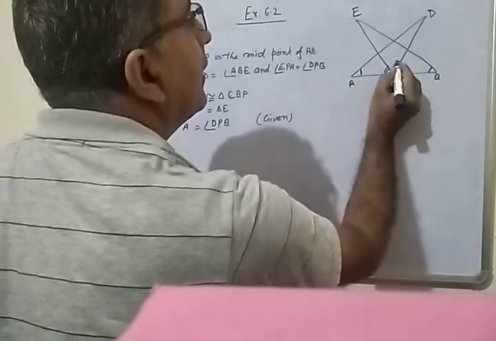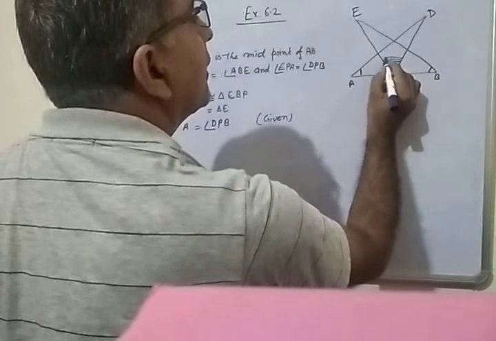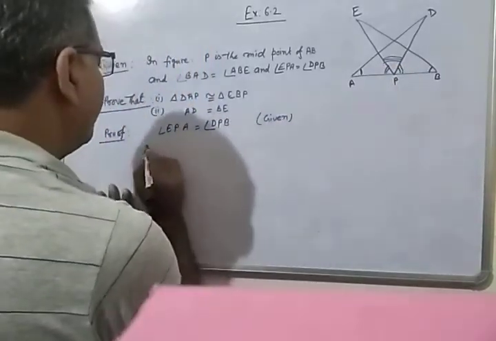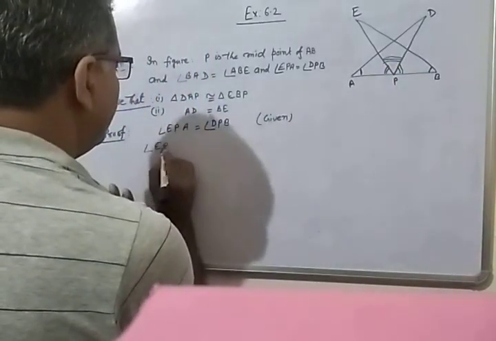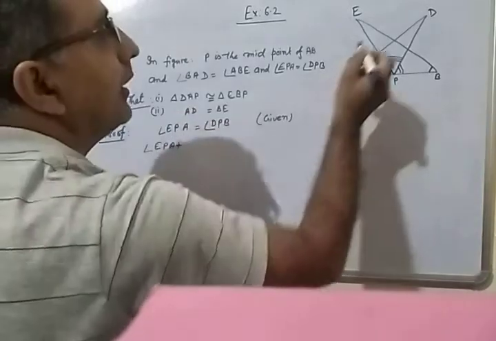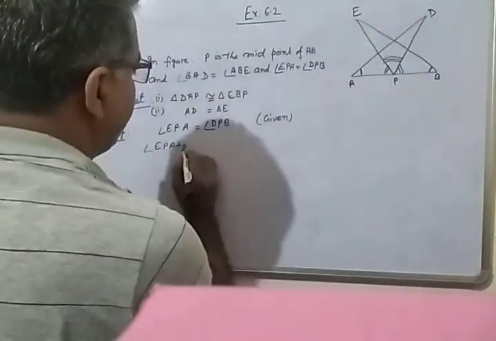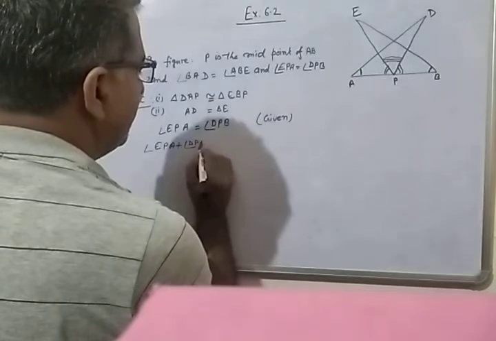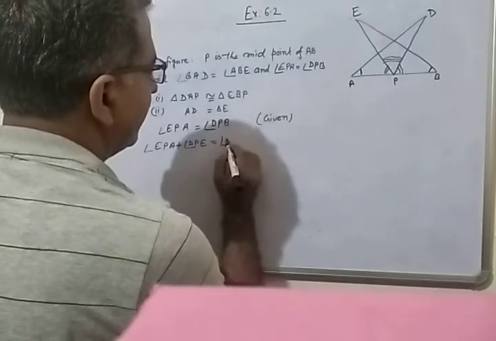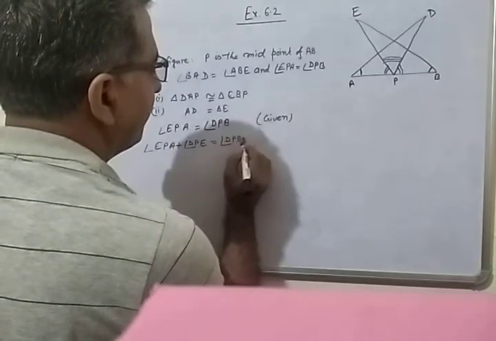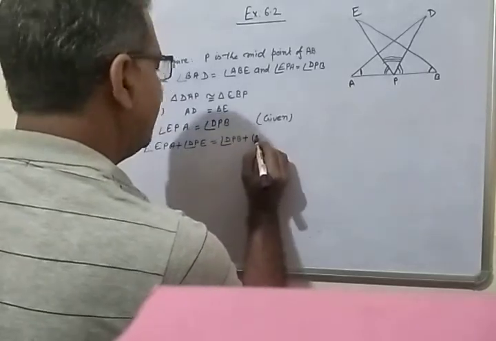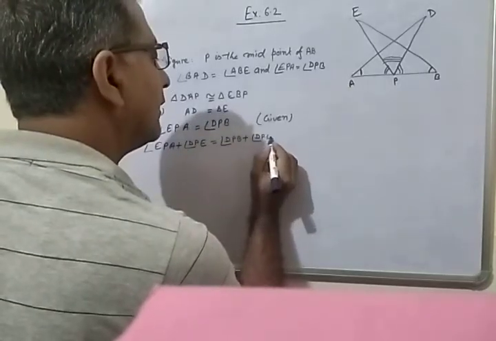Now add this angle on both sides. Angle EPA plus angle DPE equals angle DPB plus angle DPE.